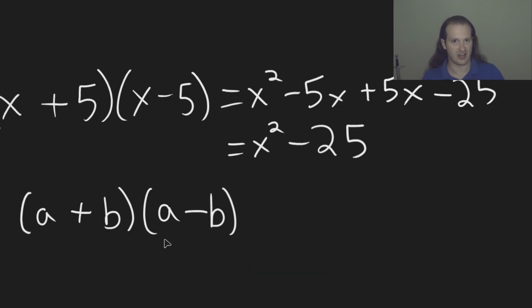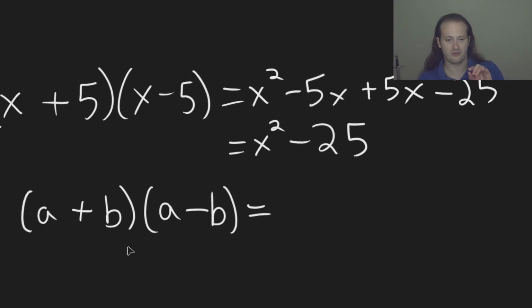You're going to see conjugate a couple more times, so it's good to know the definition of that word. And then similarly, if I started with a minus b, the conjugate of a minus b would be a plus b. So it doesn't matter which one you start with.